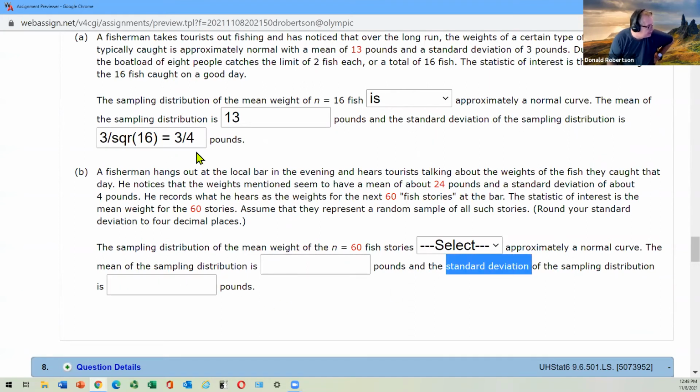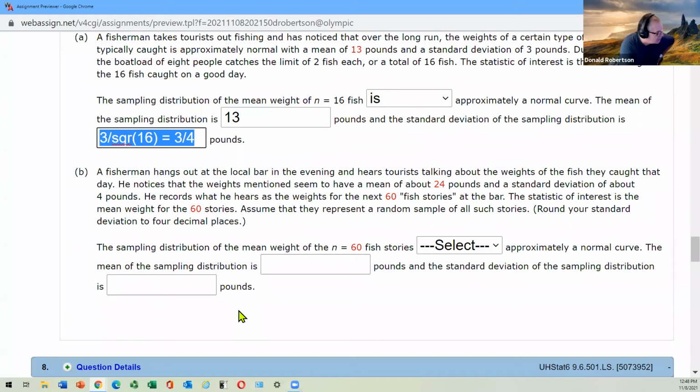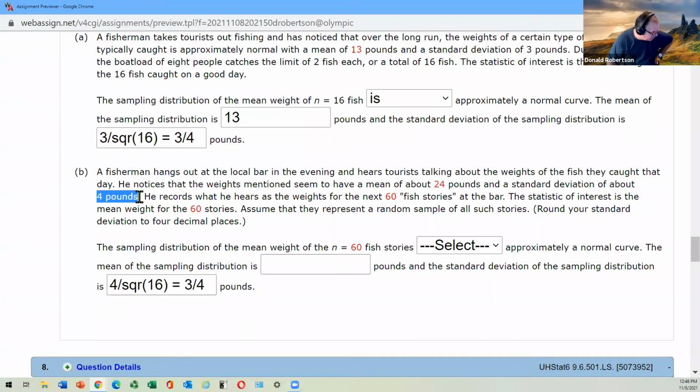Because it would now be a different story, but it would be 4, because the population standard deviation is 4, and it would be divided by the square root of 60, and that would be the answer to that one.